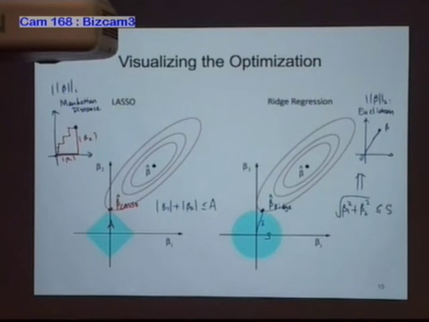So you put the ball there, it will just slide down and get stuck here. Right? Stuck here. Okay? All right. And that's the visual explanation why lasso tends to give you more sparse solutions. But ridge tends to keep all the variables in. Right?